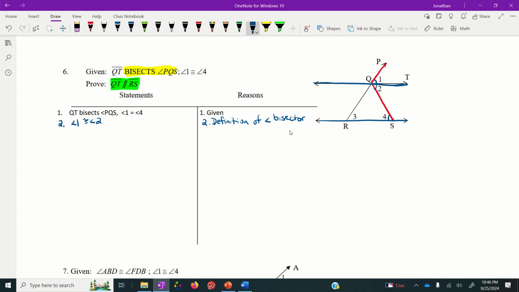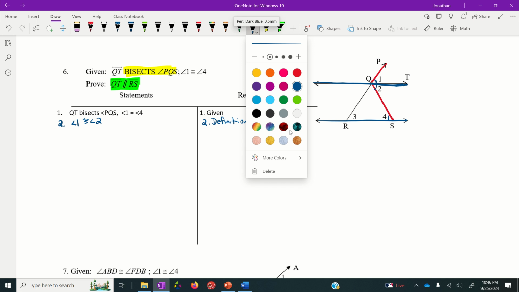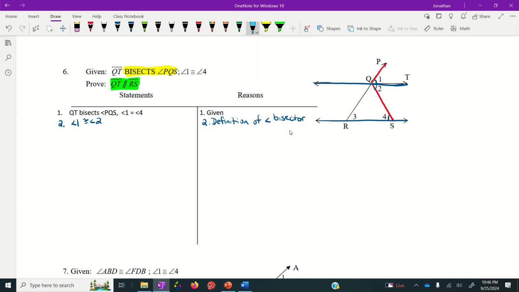I have to have corresponding, alternate interior, alternate exterior, same side interior, same side exterior. Remember, one of the things we mentioned before was there are some angle pairs that you can use to make that happen. And one of the things that we can do is look for our favorite letter. And there is a Z being drawn right here.